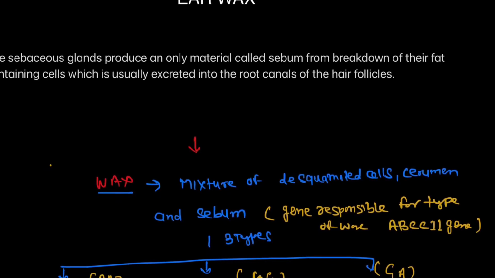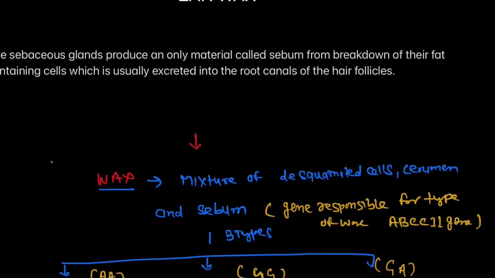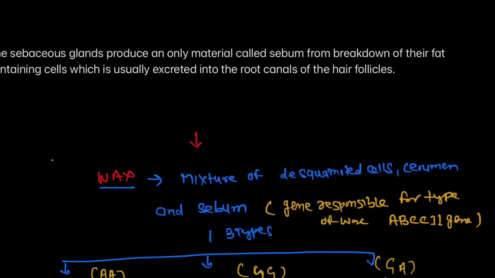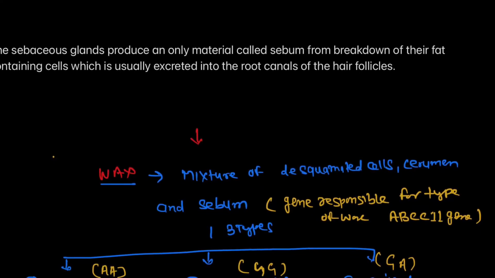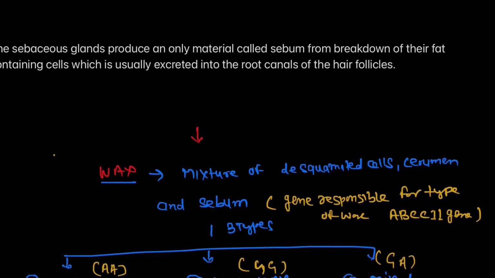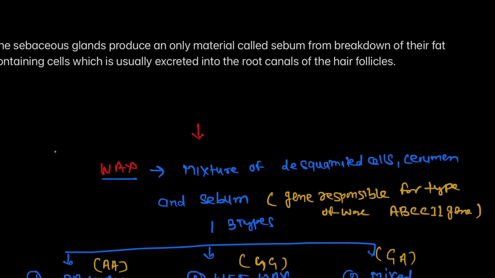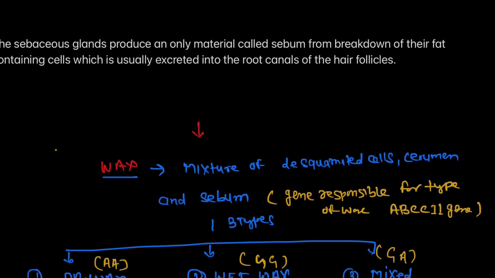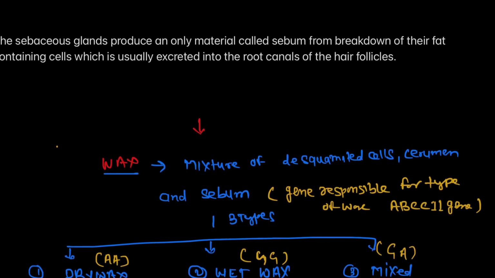Earwax is produced by sebaceous glands as an oily material called sebum, which mixes with desquamated cells from the hair follicles. The wax is a mixture of desquamated cells, cerumen, and sebum. There are usually two types: dry wax and wet wax.